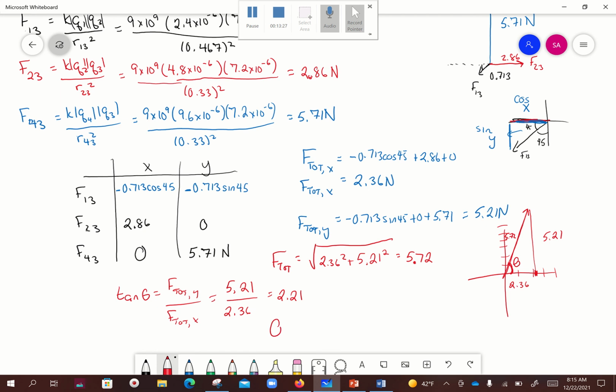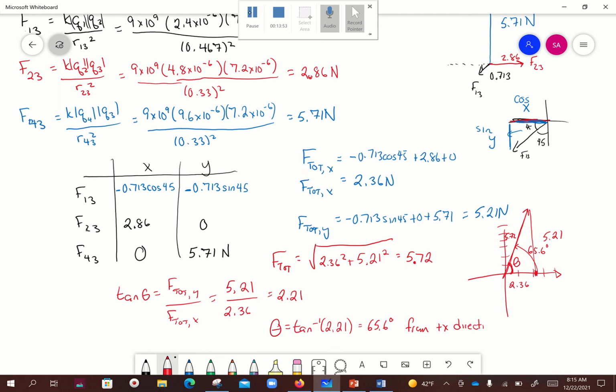So to get my theta, I'm going to do the inverse tan of 2.21, and I get 65.6 degrees. And that angle is with respect to the plus x direction. So I look at my picture, I'm in quadrant 1, so I can just leave it like this. So it's 65.6 degrees from the plus x direction.